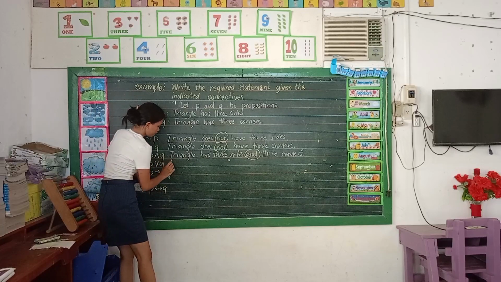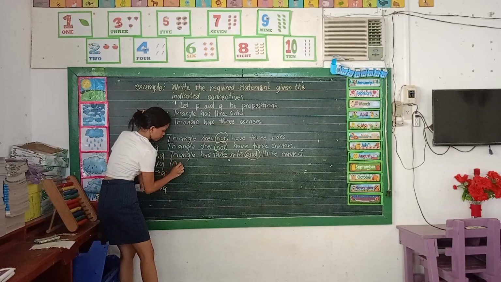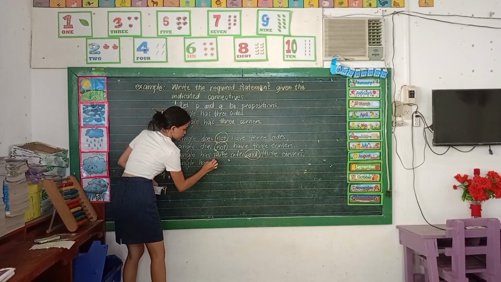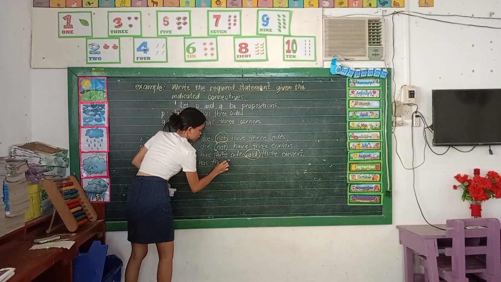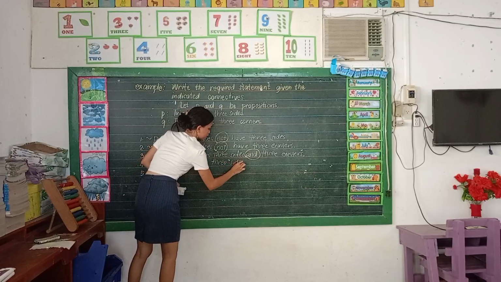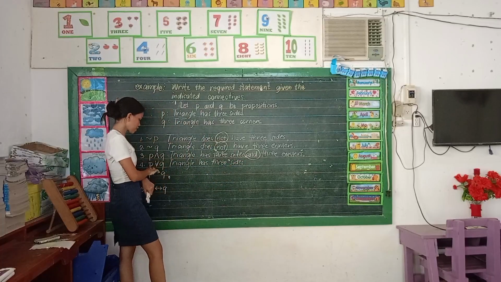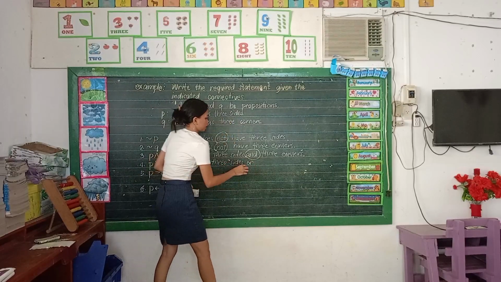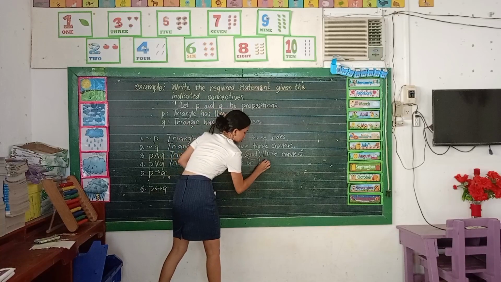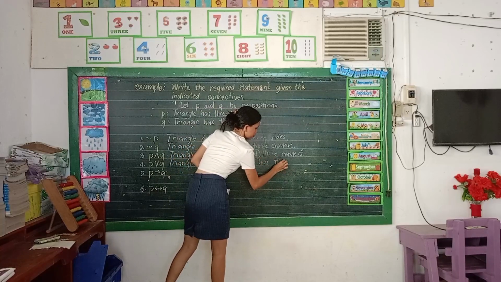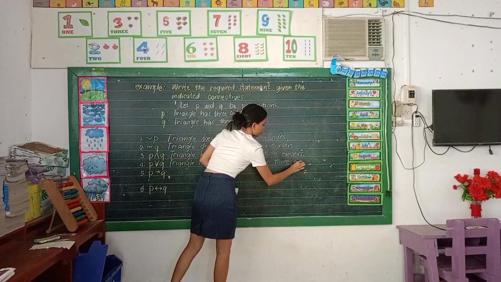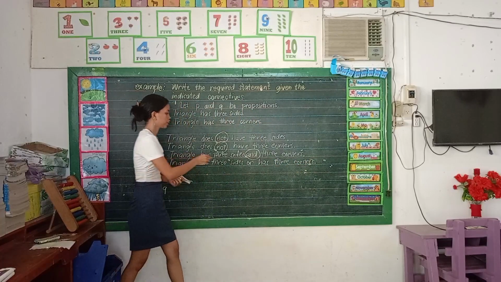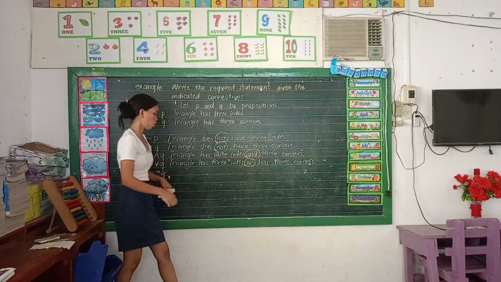So let us write statement P: the triangle has three sides, or has three corners. So our connective term here is the word or.